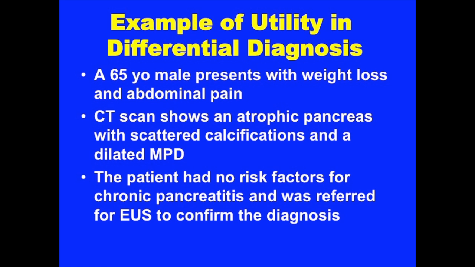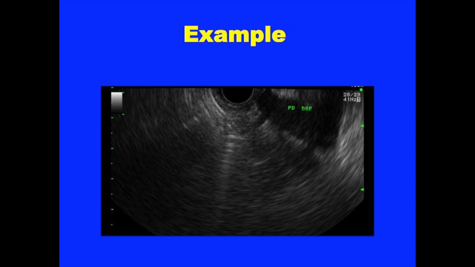Was it a patient who just happened to have an older presentation of chronic pancreatitis? But the patient had no risk factors for it, and he was referred for EUS to confirm the diagnosis. In this slide, which is a little bit dark here for you, this is the muscularis propria of the duodenum. This is almost not recognizable to you because it's such a dilated main pancreatic duct.